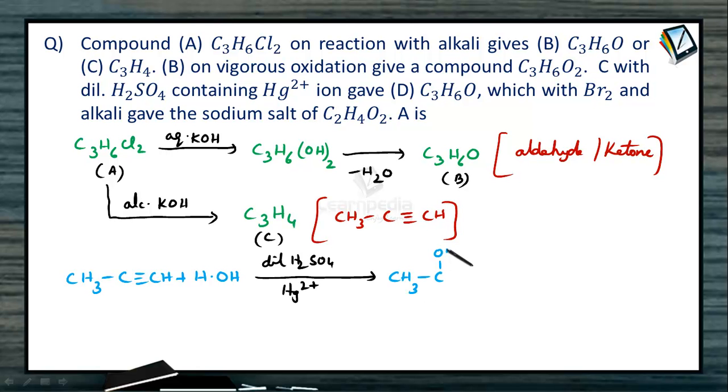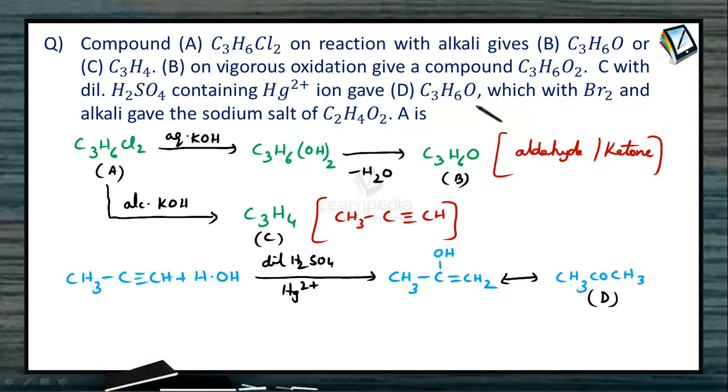This is a very common reaction in alkynes where the water molecule is added to the alkyne. This enol rearranges to give a carbonyl compound, isn't it? This hydrogen migrates to this particular carbon and this double bond comes in between these two. So we get CH3COCH3, and this is our compound D.